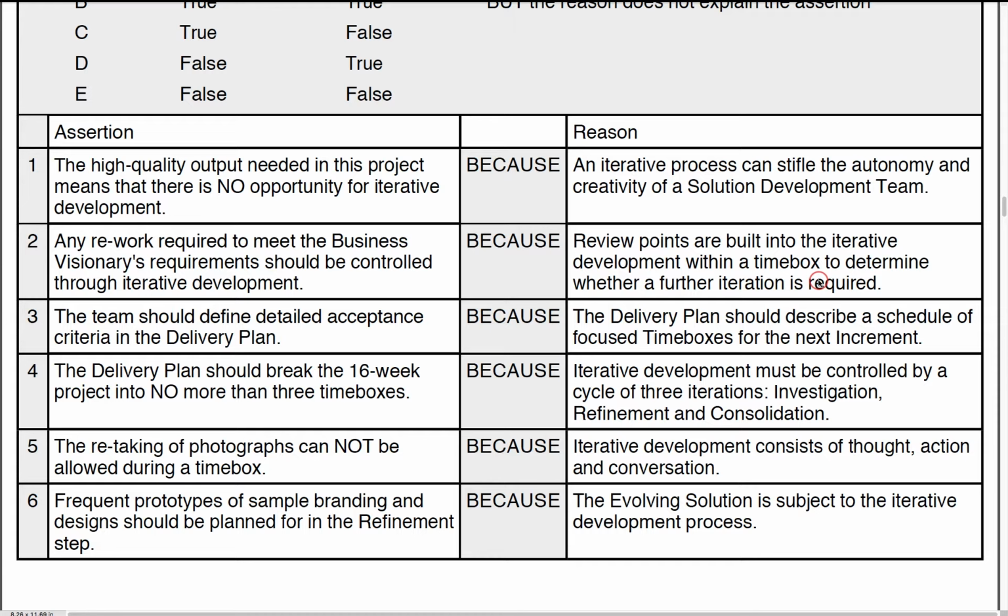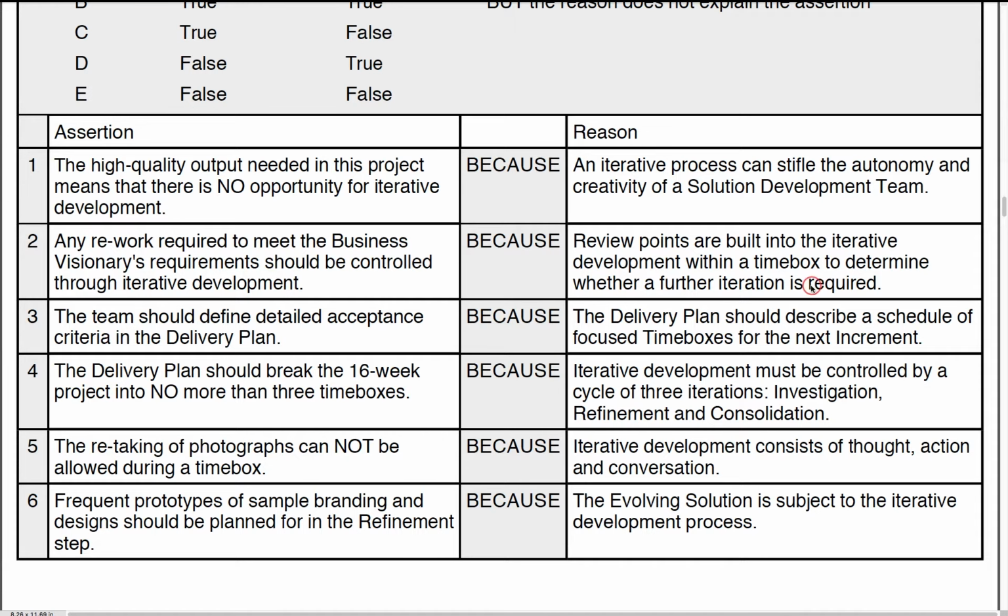And of course this gives the business an opportunity to decide whether the solution is complete or not at this point. And if it is, then that's it. We sign off that requirement and move on to the next one, which could be before or later than we originally envisaged by the estimation of the effort.